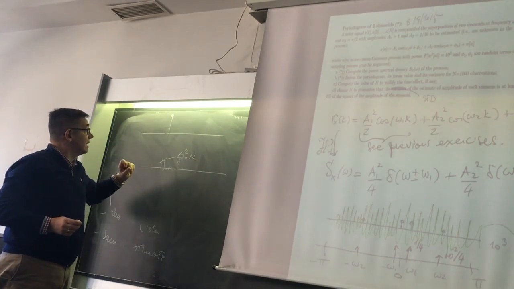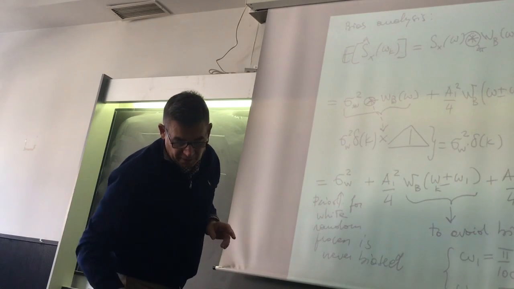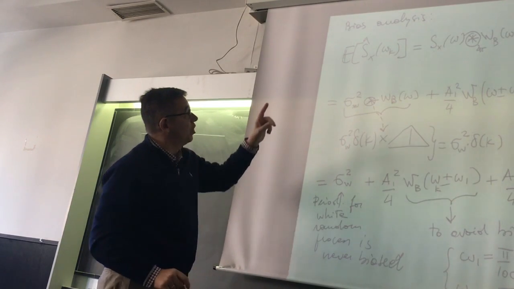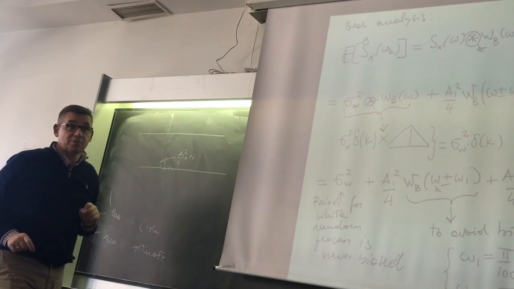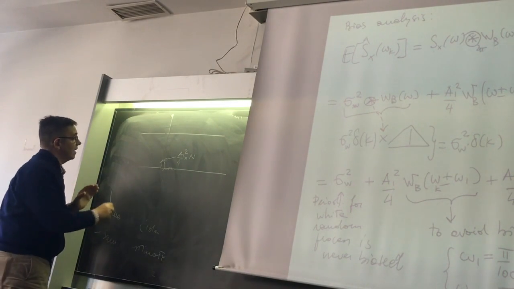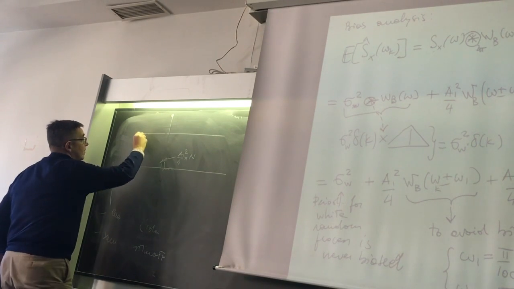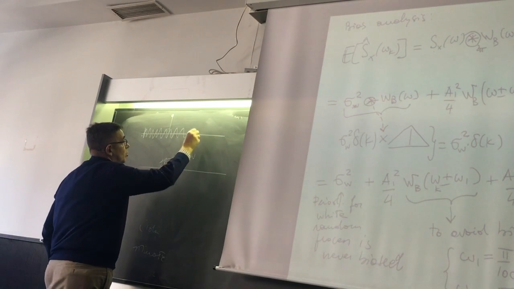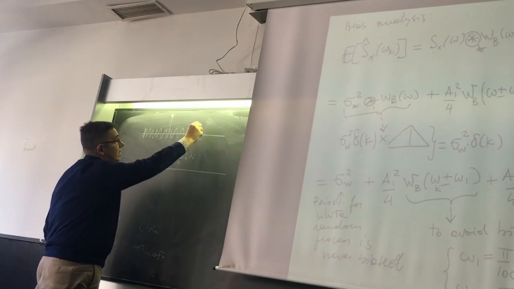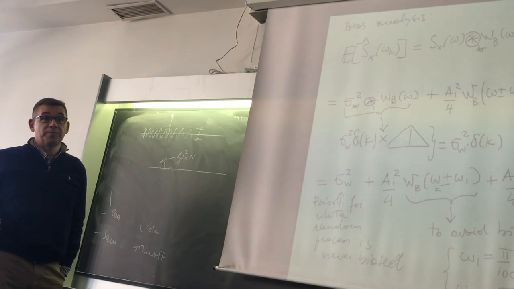On the other hand, when I look at the periodogram, I have the combination of the noise and of the sinusoid. So the periodogram is affected by fluctuation, and the variance of this fluctuation is sigma to the fourth power.